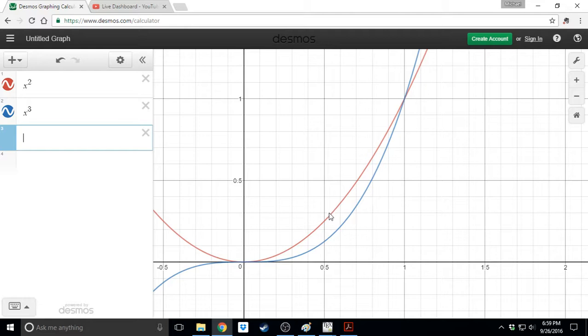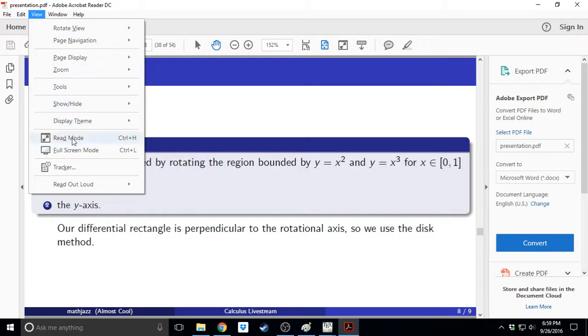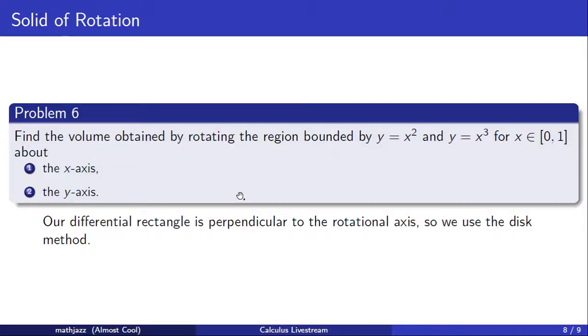So that means that our rectangles are perpendicular to our rotational axis. So we're going to use the disk method.